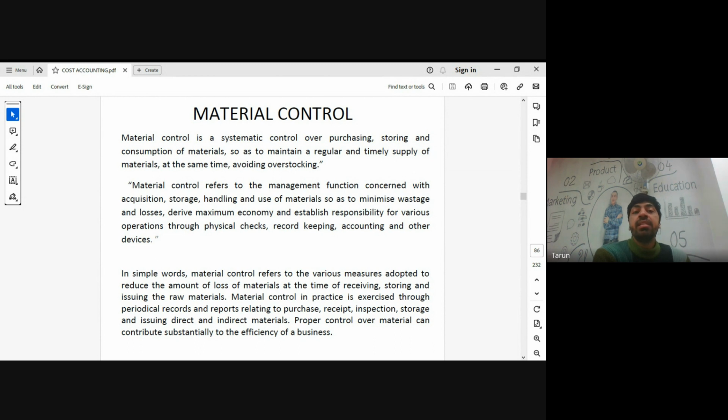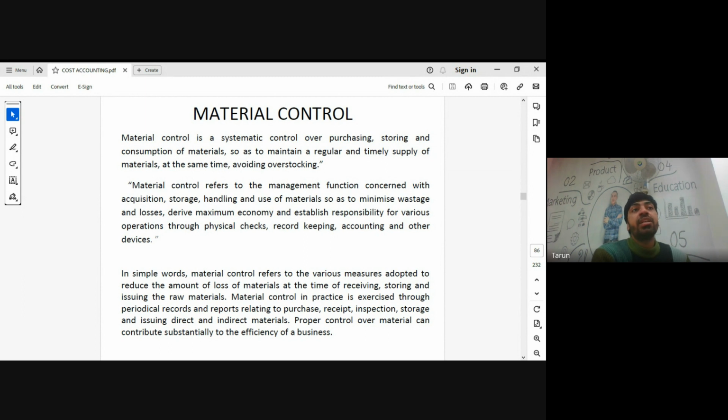But in today's session, we will move forward to some important topics to revise, that is material control. What is material control? What are the immediate requirements to control the materials to avoid wastage, losses, or overstock? What are the ledgers that we use in maintaining or controlling the materials?